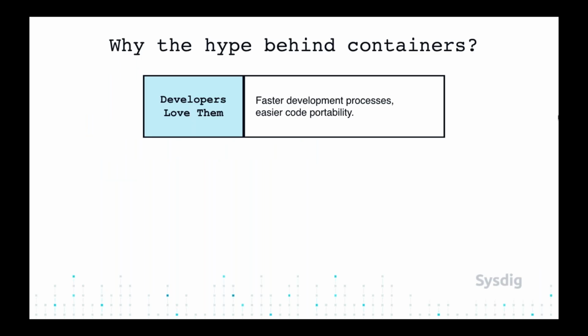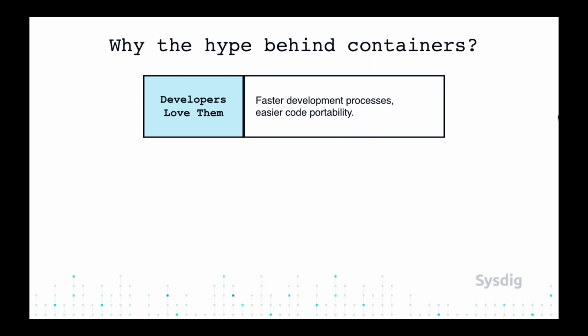We'll start by looking at the hype behind containers. It's no longer hype, it's now reality. People are excited about it, they're taking advantage of it, and the question is why? As we look at frictionless application development, a lot of that starts with developers.